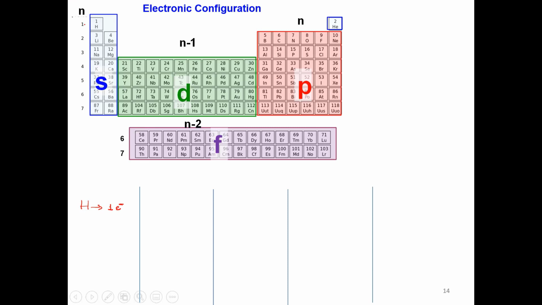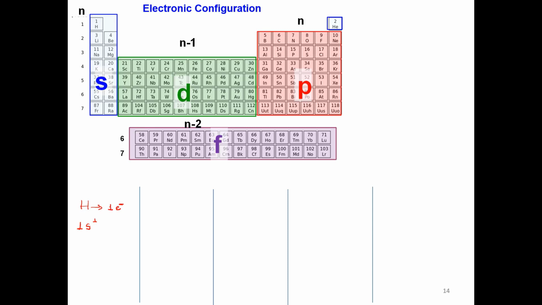Because hydrogen is in the first row, in the S group, and in the first column, it is 1s1. This is the electronic configuration for hydrogen.